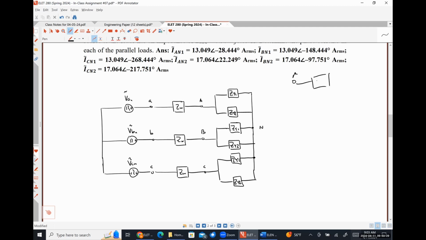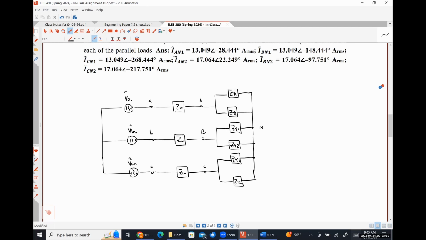So you would have the A phase of the VFD connected to the A phase of the motor, and then here's the neutral. So it would see those things in series effectively. But you could lump it all together as a single impedance because that's how impedances work.